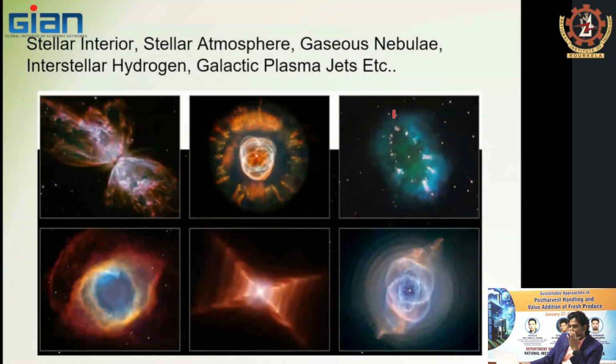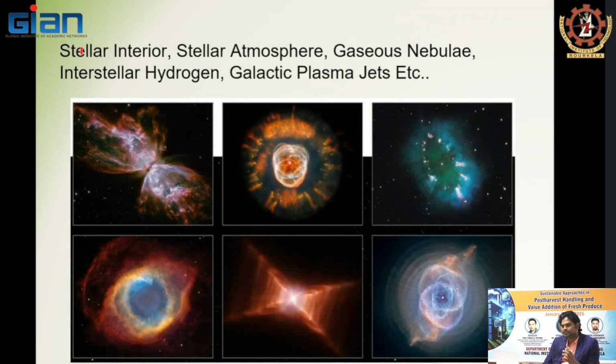If I say plasma is a fourth state of matter, it's not that it doesn't exist in nature. We have plasma existing in nature in different forms. If you see interstellar space, the stellar atmosphere, the gaseous planets, gaseous nebula, these are made up of plasma only.